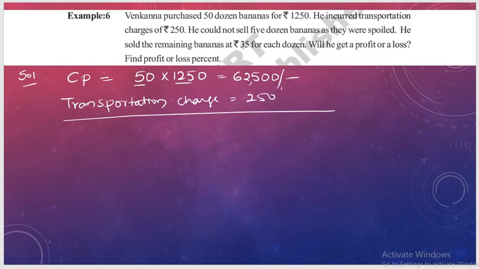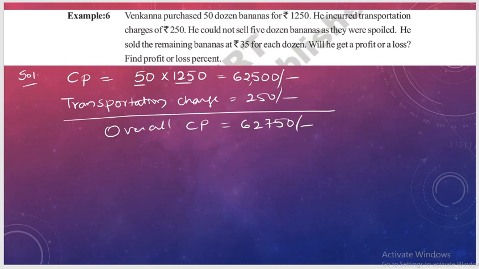Whenever you have a transportation charge or overhead expenses, we need to consider overall cost price. So the overall cost price is 62750. Now in this, 5 dozens were spoiled. So out of 50 dozens, 5 dozens means only 45 dozens he sold.